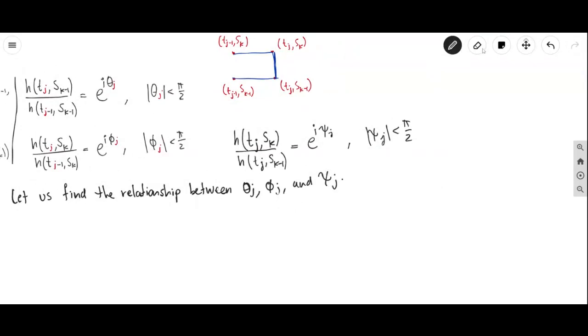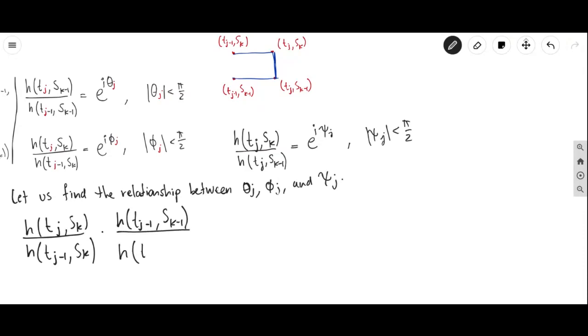So let's take this fraction over here, which is h tj sk divided by h tj minus 1 sk. And let's divide this fraction by that fraction. If you divide, you multiply by the reciprocal, so we flip it over: h tj minus 1 sk minus 1 divided by h of tj sk minus 1.